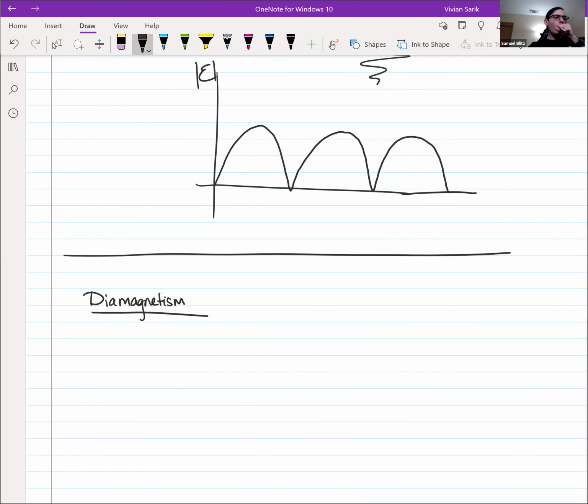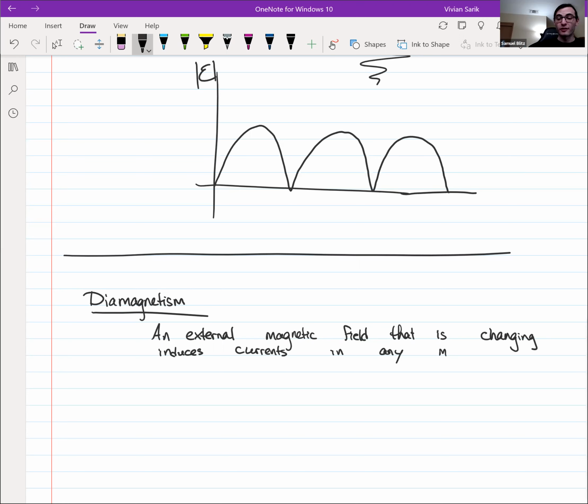So if you have an external magnetic field that is changing, it induces eddy currents in any material, really.